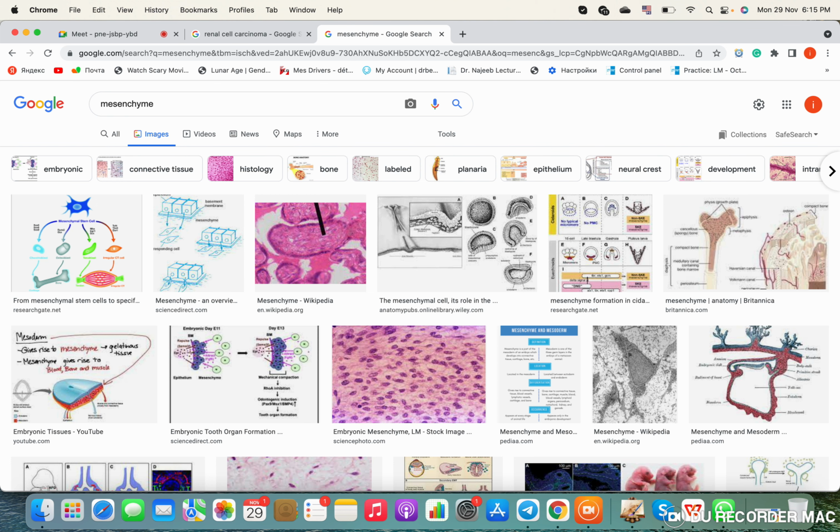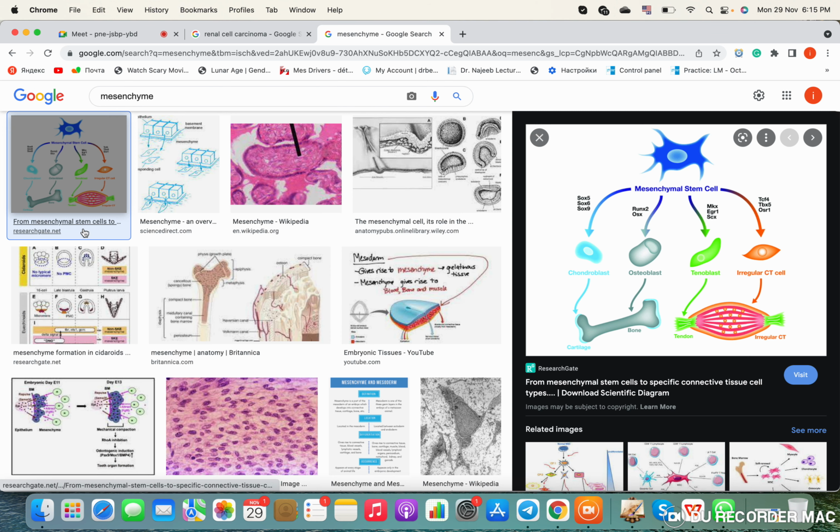So what about mesenchyme? What is mesenchyme? Mesenchyme describes other types of tissue, for example your cartilage, your bone, your blood, your muscle. All of these are mesenchyme. For example, I cannot say osteocarcinoma. There is no such thing. Osteosarcoma, sarcoma. Why? Because it's mesenchyme.